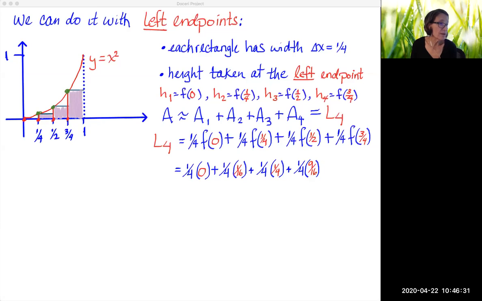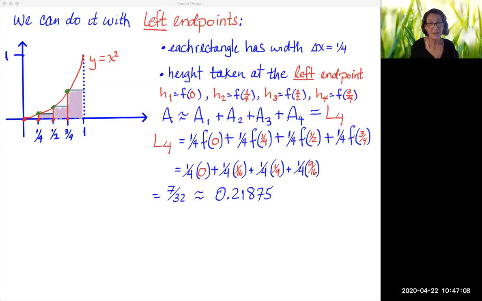The height is f of 3/4, so that's 9/16. So the first rectangle has area 0 because 1/4 times 0 is 0. So we're really just adding up 3 fractions. Those 3 fractions, when I add them together, I get 7/32. It's less than half of what we got before. And when I put it into a calculator, I get approximately 0.21875.